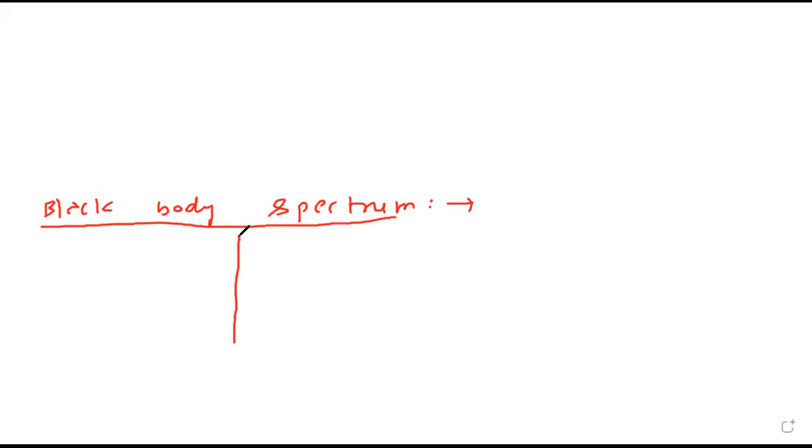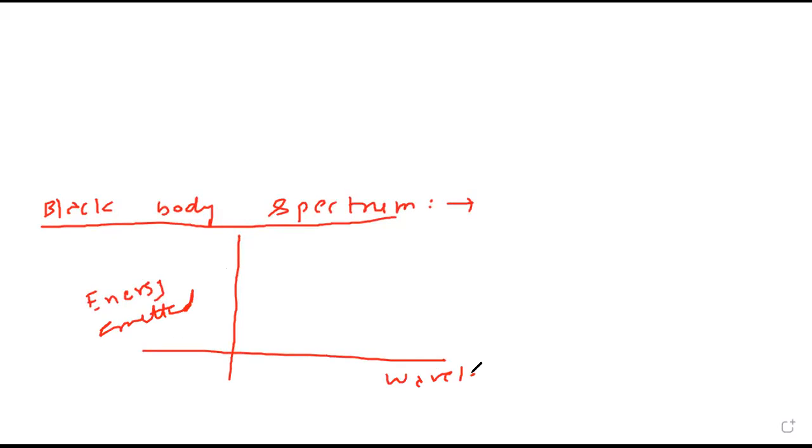The graphical representation of energy emitted with wavelength at constant temperature is called black body spectrum.